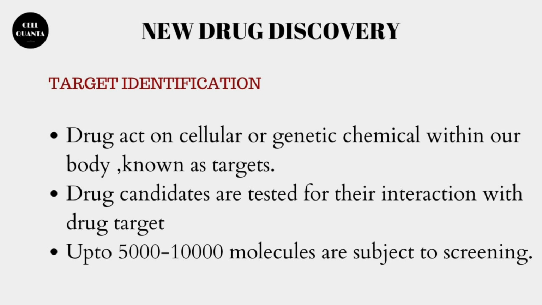The drug candidates are tested for their interaction with the drug target. Up to 5,000 to 10,000 molecules for each potential drug candidate are subjected to the screening process. Once scientists confirm the interaction with the drug target, they typically validate that target by checking activity against the disease condition for which the drug is being developed.